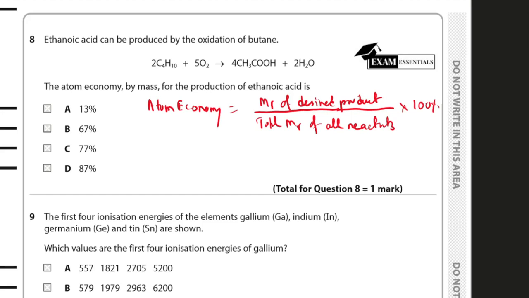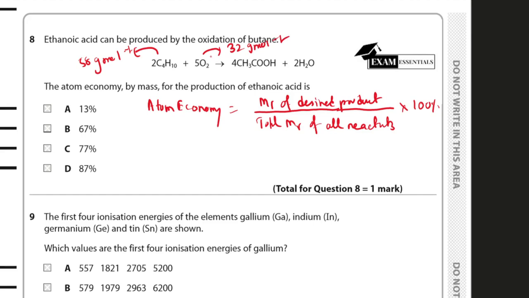First of all, we need to check out the molar masses of each. For butane, this would be 4 times 12 plus 10 times 1, giving us about 58 grams per mole. For oxygen, that would be 32 grams per mole.